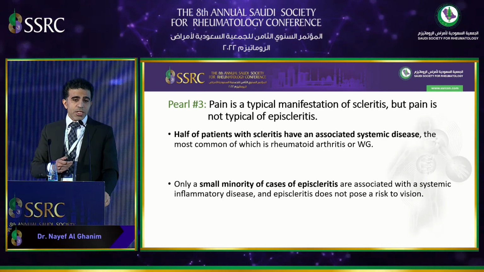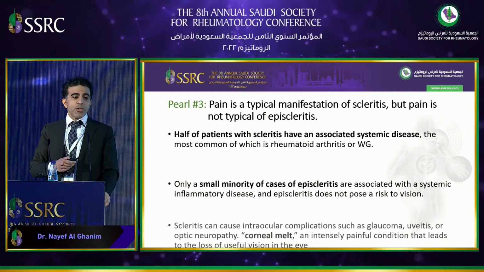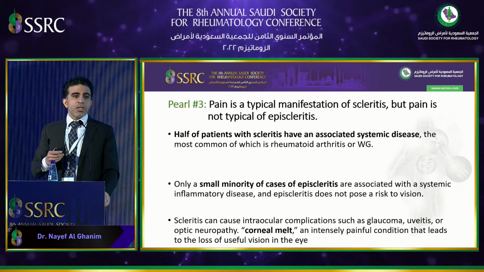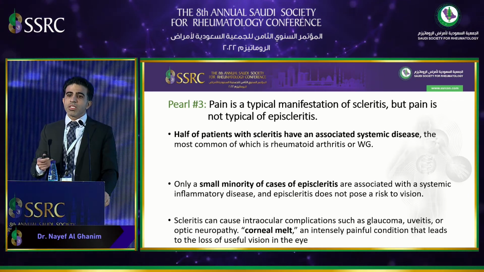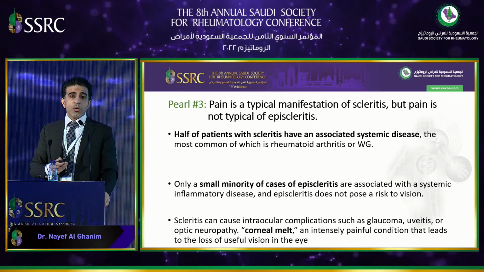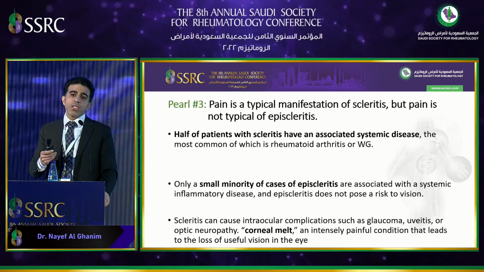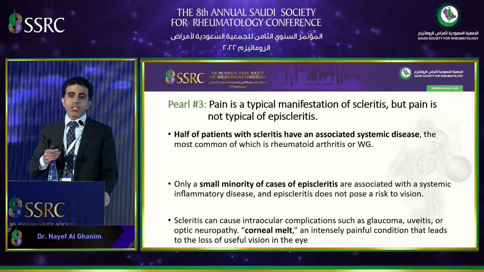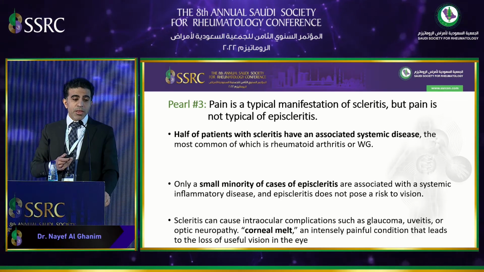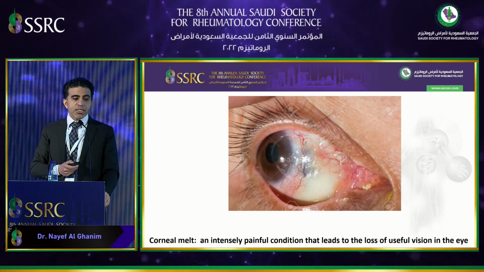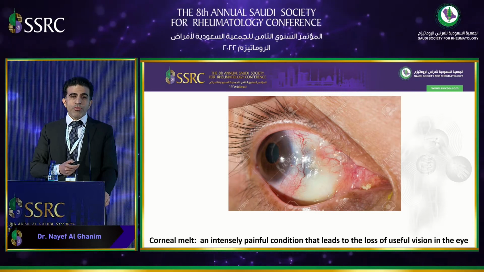And the second reason is that patients with scleritis, if you leave them, can become blind. They can have corneal melt, and then this can cause visual loss. So scleritis is a serious condition that needs attention as soon as possible, while episcleritis is benign. This is a patient with scleritis who developed corneal melt.